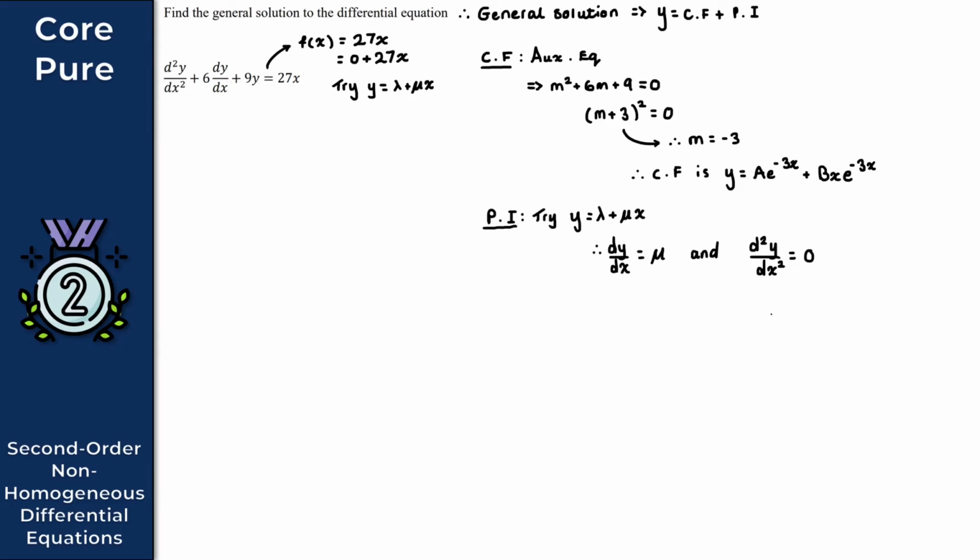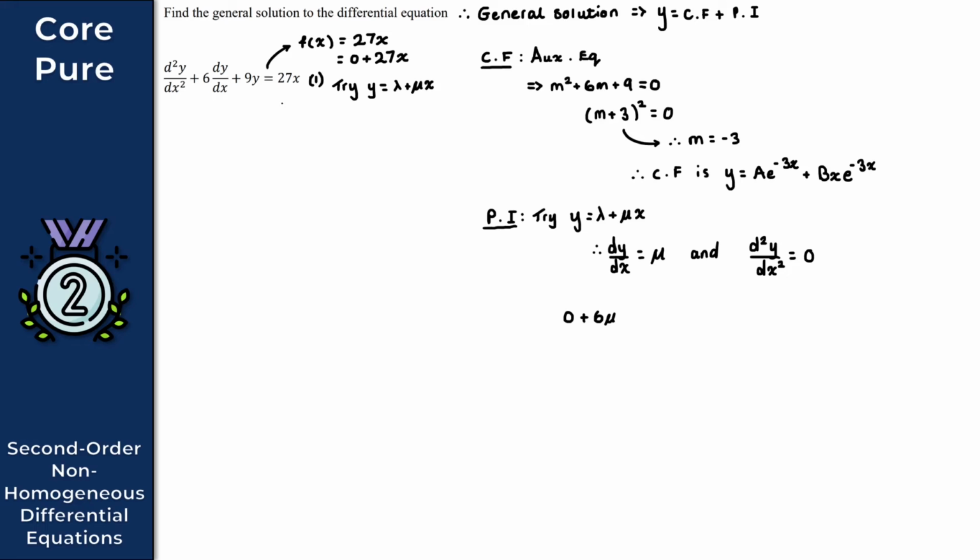What I want to do is take dy by dx and the second derivative and substitute those into this equation, let's call this equation 1. I've got the second derivative, which is 0, so I get 0 plus 6 lots of dy by dx, which is mu, so plus 6 mu.